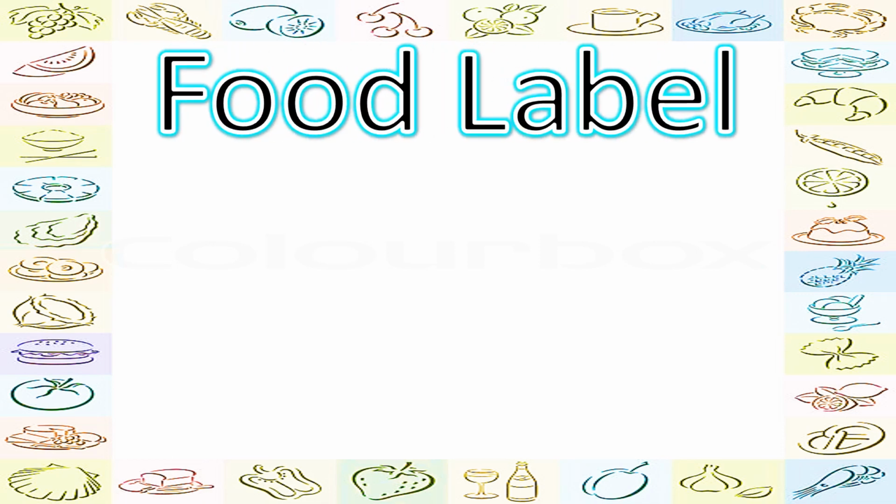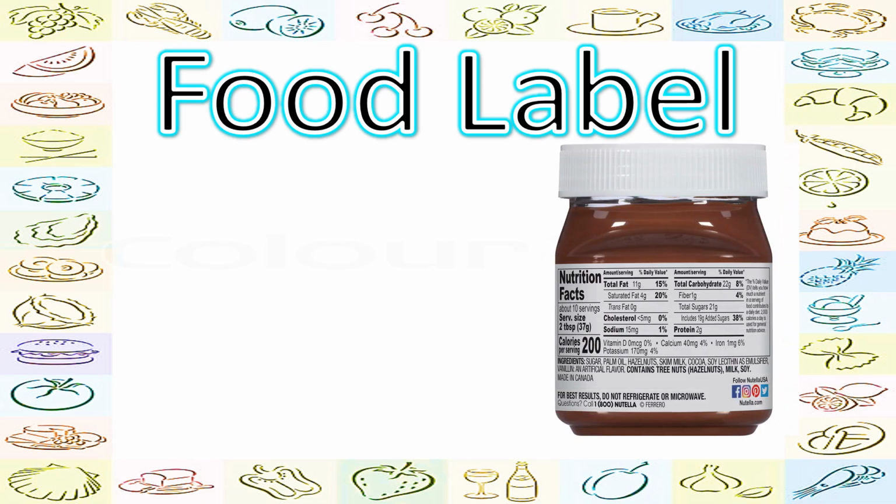So, food label. This is a bonus part. Food label, basically you can see this part at the back of the product that you are buying in the grocery. I have here the back part of this product. I'm really sure you can see what this product is, but let's just use the back portion of it.